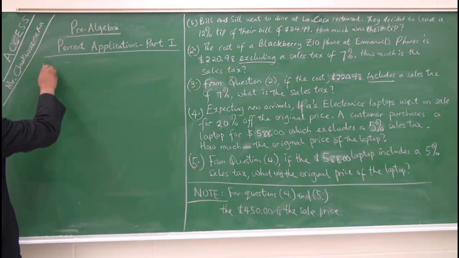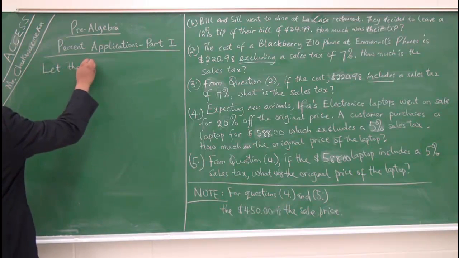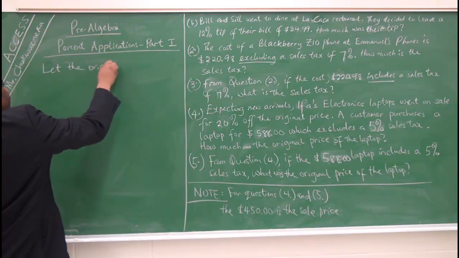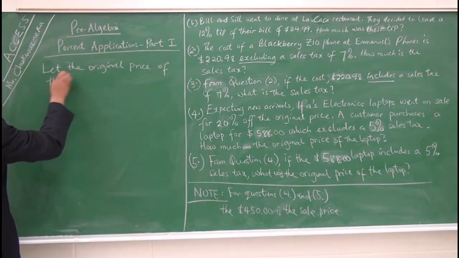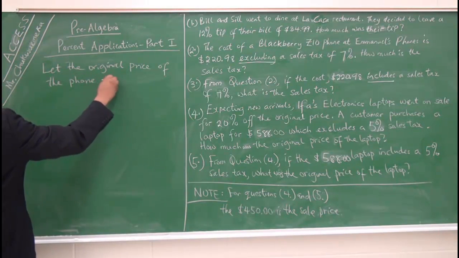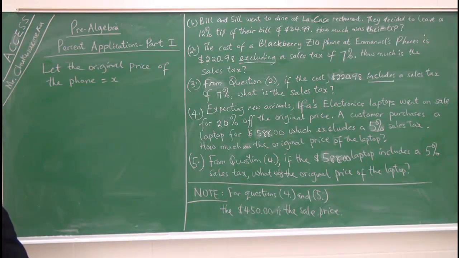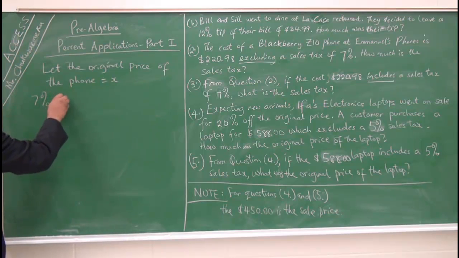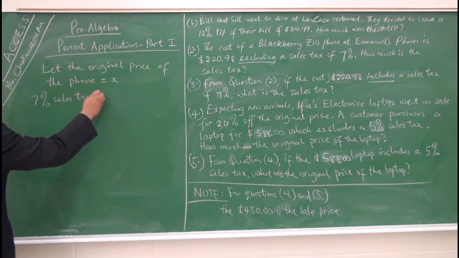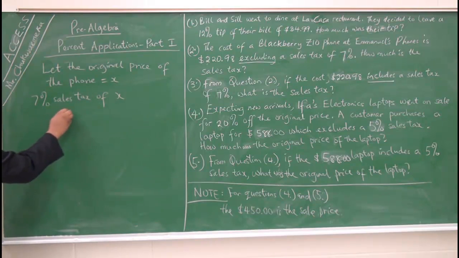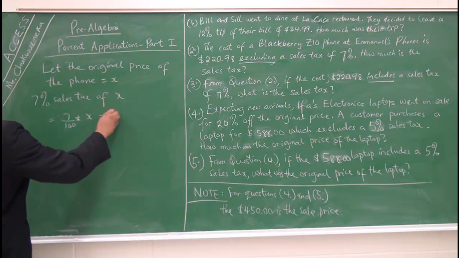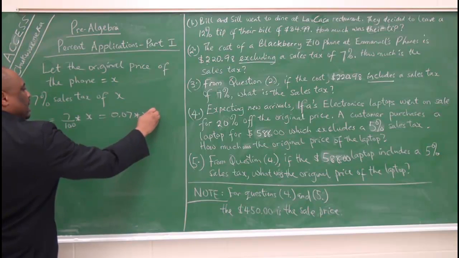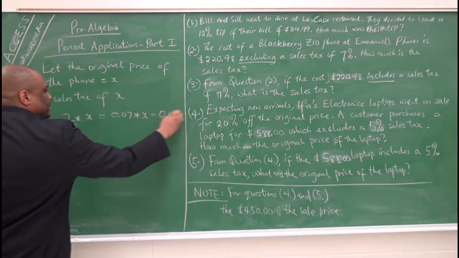We just say, let the original price of the phone be X. Let's just call it X. And then 7% sales tax of X will be what? 7 over 100 times X. And that will give you 0.07 times X, that is 0.07X.